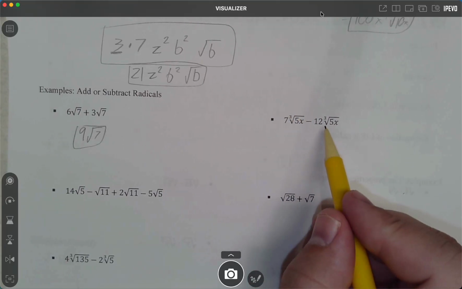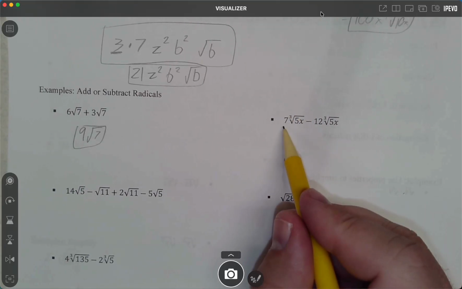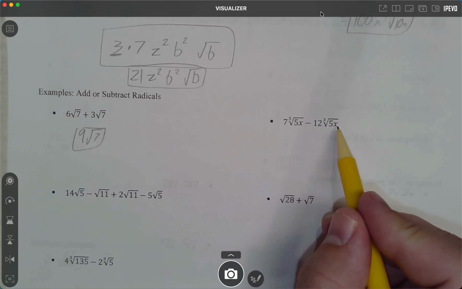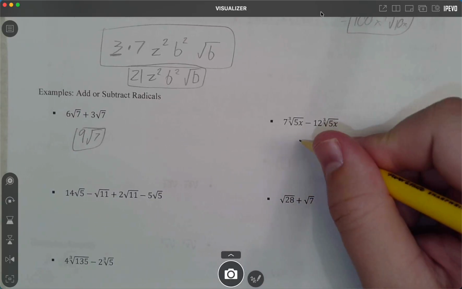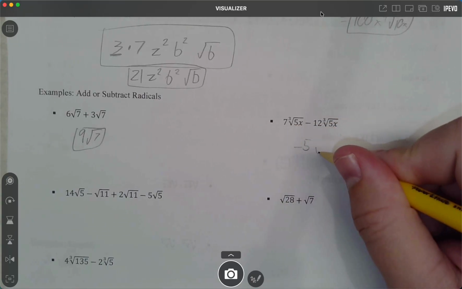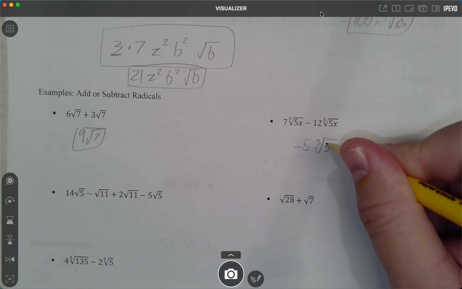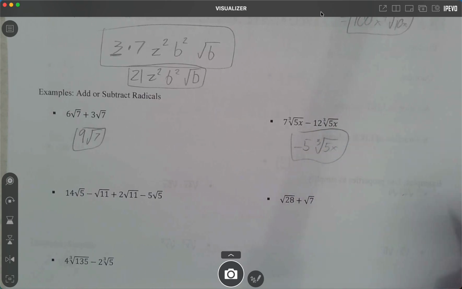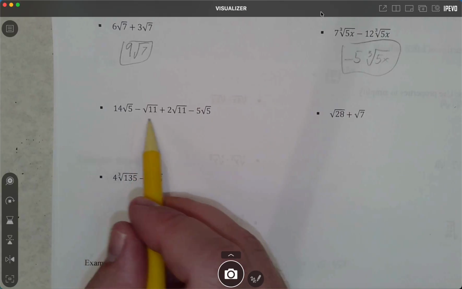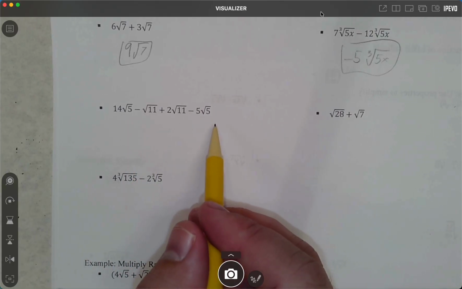So in this example, though, to follow that logic, I've got 7 of this very ugly thing, but I also have negative 12 of that same very ugly thing. And so then I have negative 5, 7 minus 12 of those very ugly things. And that's all that's going on there. All right, so then what happens on the next example is we start looking for like terms, essentially.